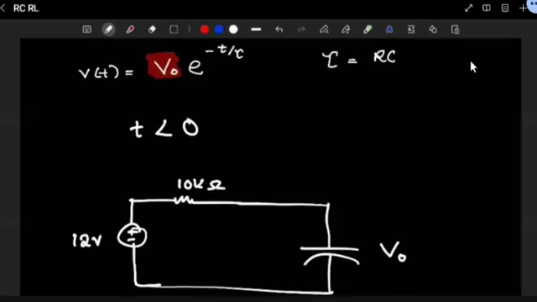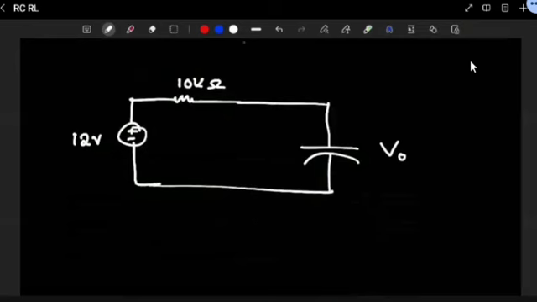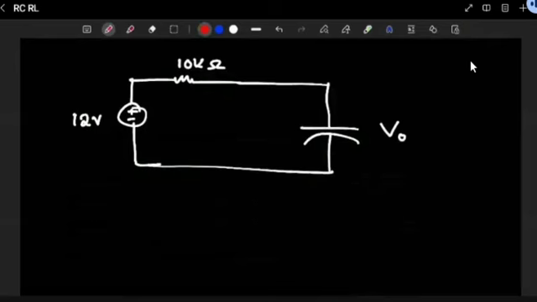But here is a key point to remember. We'll keep using this as we move on throughout. When a capacitor is part of a steady state circuit, when in steady state, what is the behavior of a capacitor?